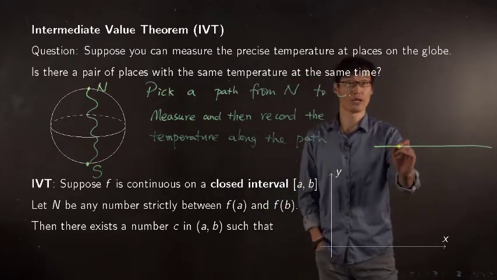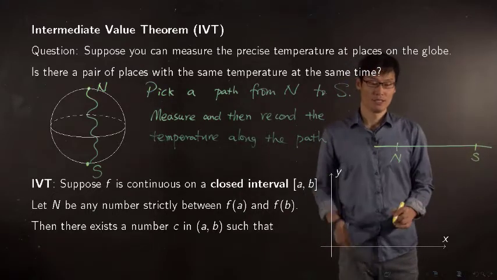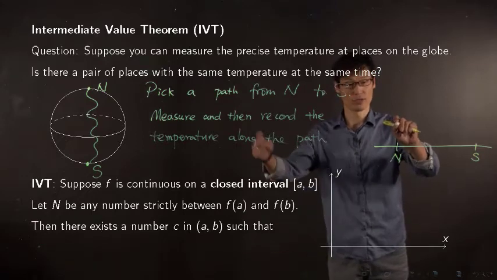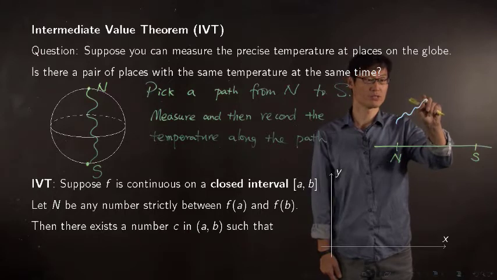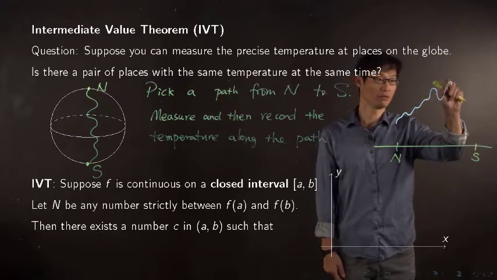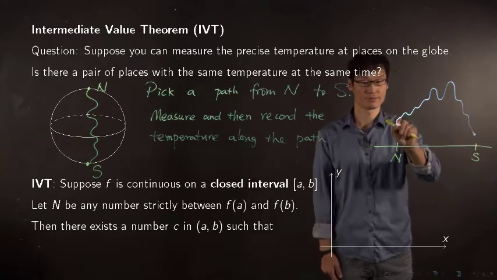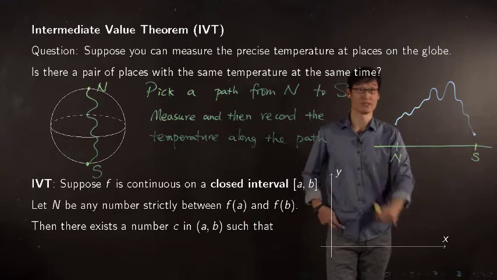So suppose we have North Pole and South Pole. Well, the temperature is quite low, but eventually the temperature will increase and then decrease like this. So suppose the graph of temperature looks like this.